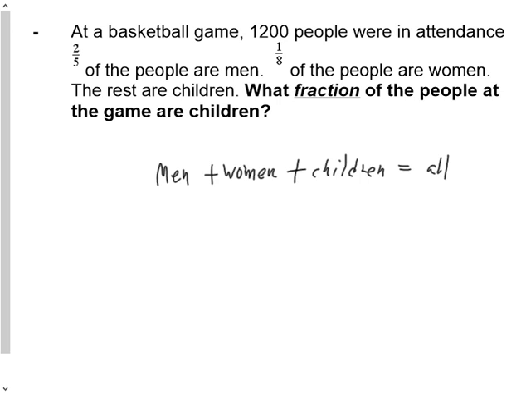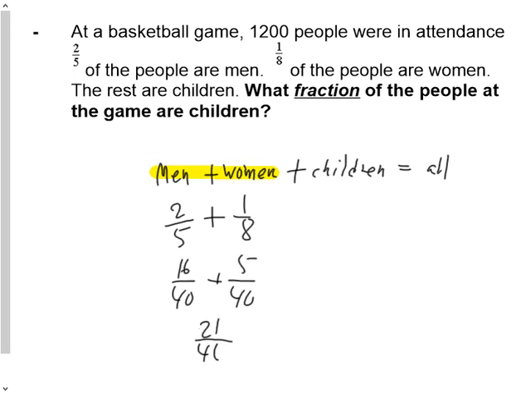So if I say 2/5 plus 1/8, and I figure out what this is as a fraction. So I'm really just going to think about this as being the fraction of men and women. Find my common denominator, 40. Find my equivalent fractions of 16/40 and 5/40. So together, 21/40 will equal all of the people, or 100%.